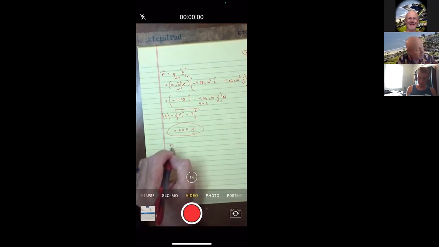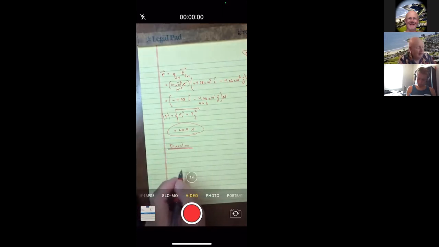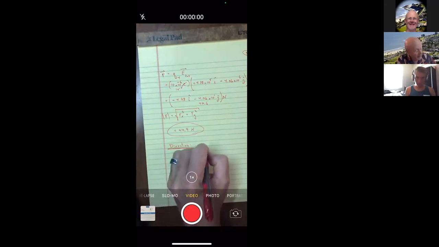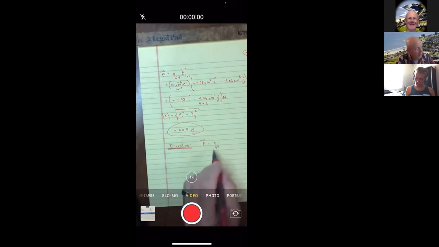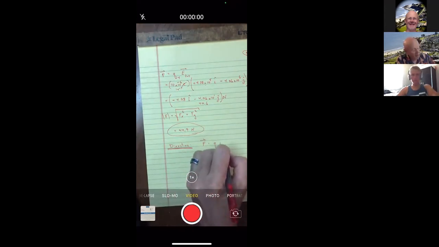And direction is pretty easy. That's the other half of this. Because the direction is the direction of the field. Maybe I should write that again. Force would be equal to charge number 4 times the total field.